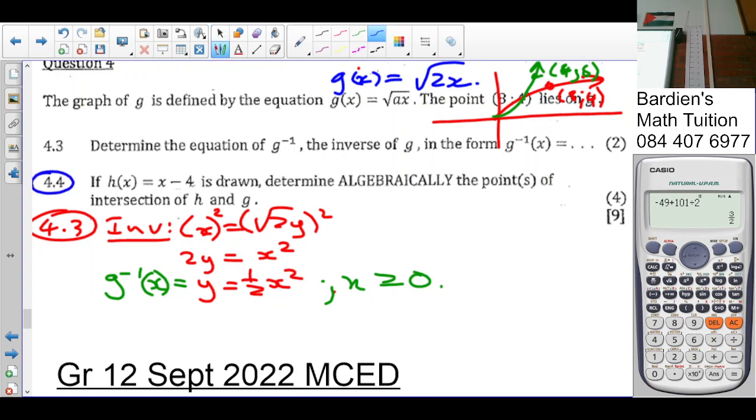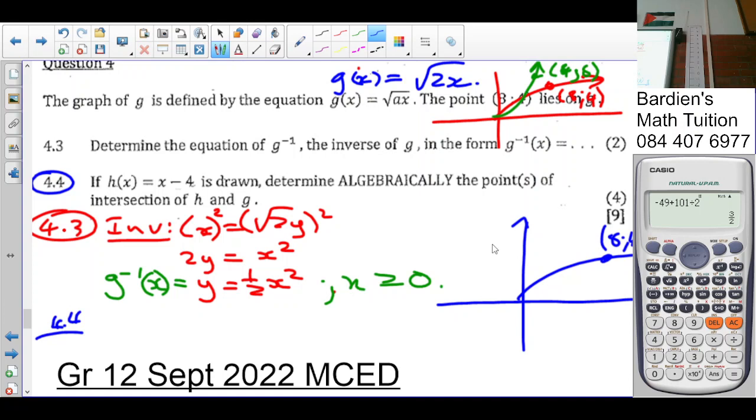People, in 4.4 we are told, if h of x is equal to x minus 4 is drawn. So remember, what do I have? That is the one graph, no? It's going through 8 and 4. That is your graph of g. So in 4.4, the graph of x minus 4.